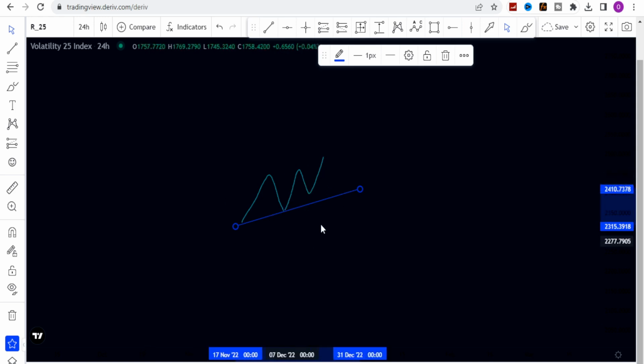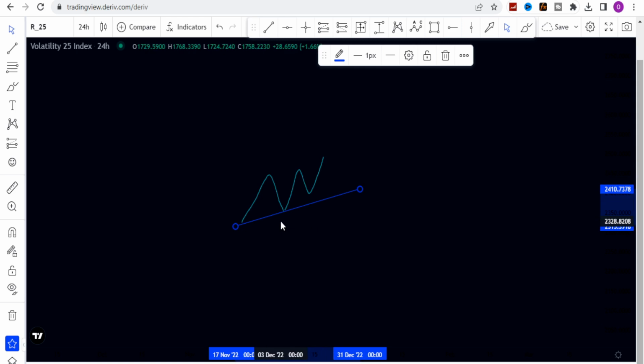The difference between these two things was just the fact that this particular one that touched this trend line was here before this particular one that failed to touch the trend line in the previous example that we gave here. Now when you look at this here, for me, I do not pay attention when I see something like this. So I am going to give you a pure insight of what you should be expecting.